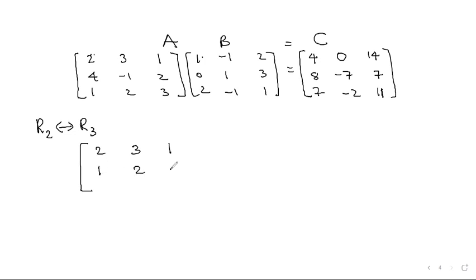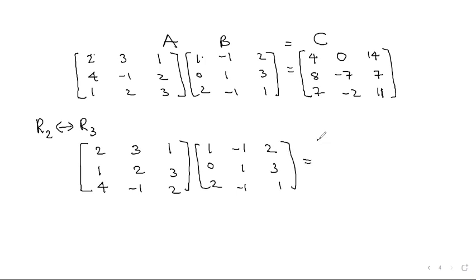1, 2, 3; 4, minus 1, 2. Do not interchange the second matrix. Keep that as it is. Then what will happen? Here 4, 0, 14, 7 minus 2, 11, 8 minus 7, 7.